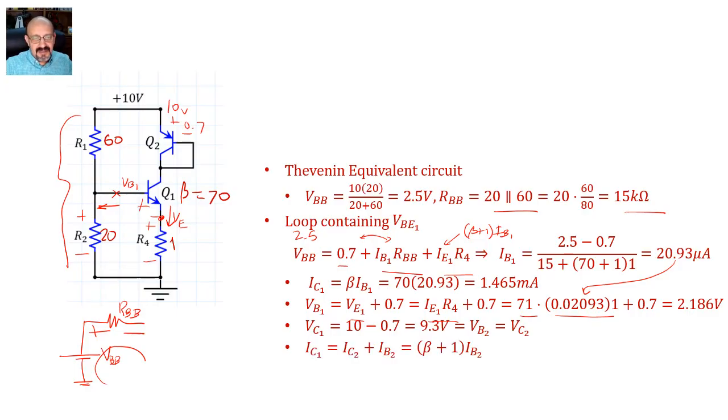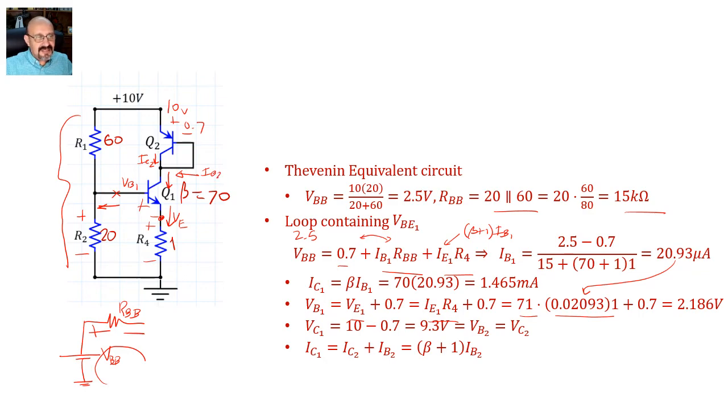Let's see, the current on the collector. Let's put it here. The current on this collector has to be the same as the current on collector 1 plus the current on the base. Sorry, the current on collector 2. IC2 plus IB2 must be equal to IC1.